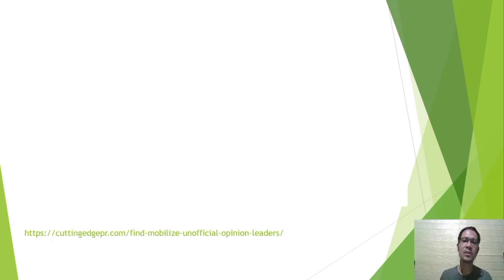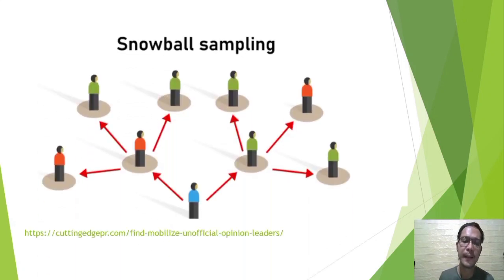We also have snowball sampling. What is snowball sampling? It can be recalled that a snowball sample is an appropriate method to use in research when the members of a population are difficult to locate, such as homeless individuals, migrant workers, or undocumented immigrants.